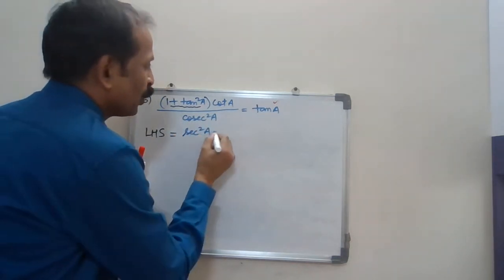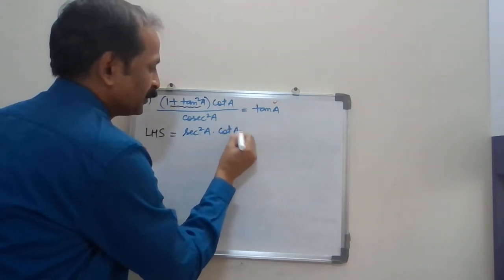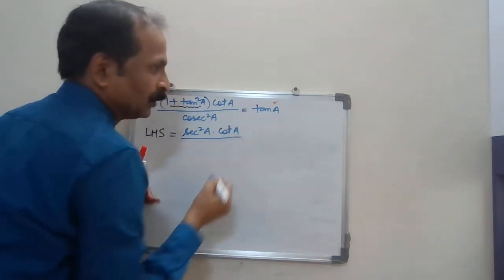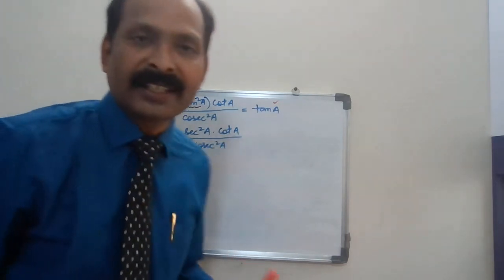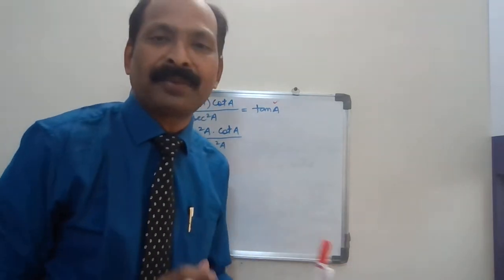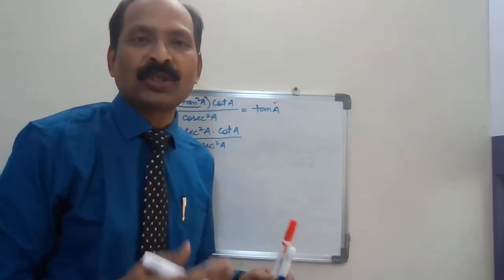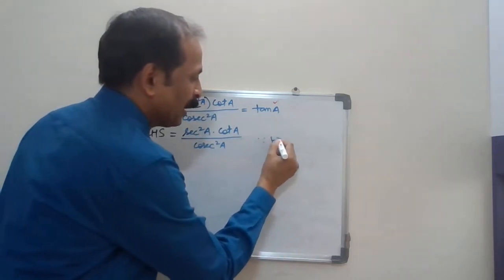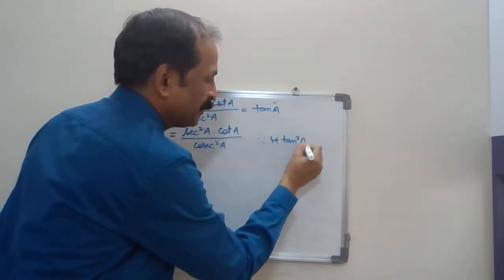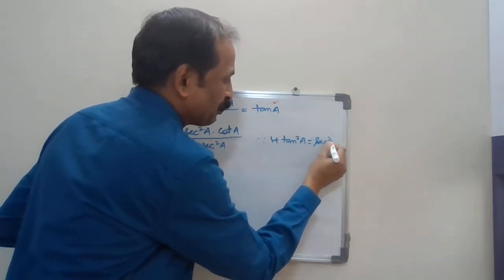And cot A you let it be. We'll see later. And cosec also let it be. You can change others also, but in one step I'm trying to do one thing so it is clear to you. So what I did here, I have simply applied 1 plus tan square A is sec square.